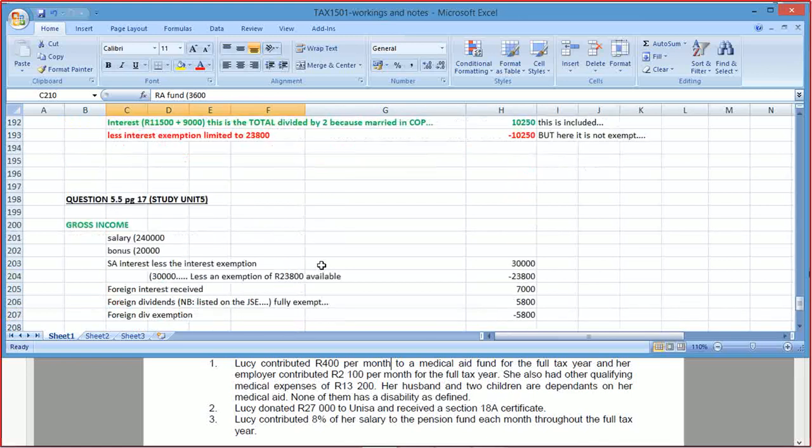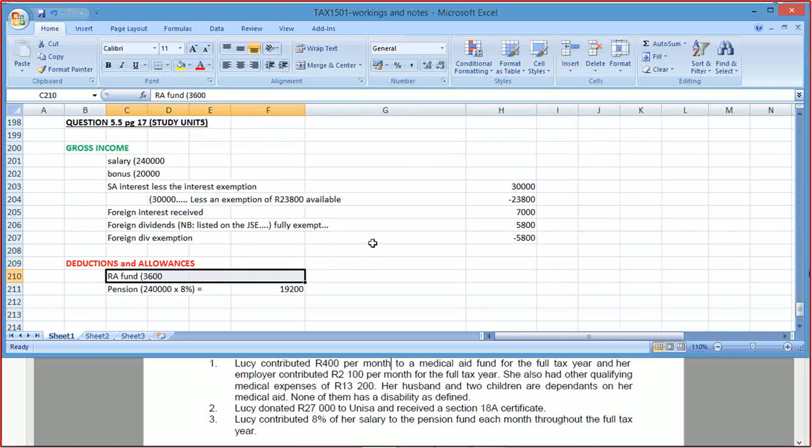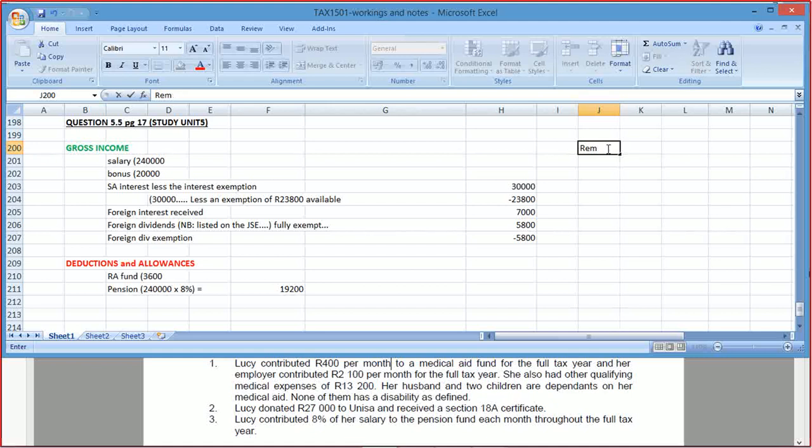So 19,200 went to a pension and 3,600 went to her retirement annuity. We need to know how much she is actually allowed to claim. Remember last week we spoke about the remuneration, right? Yes. Okay, so we need to discuss that again. Remuneration.